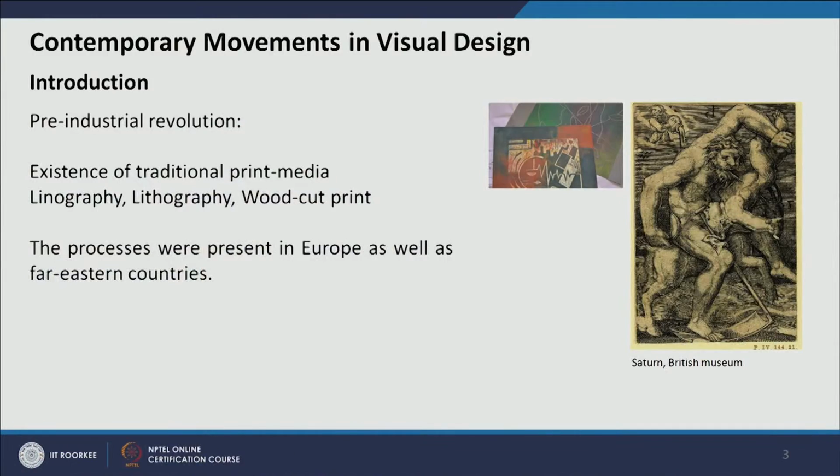This process was predominant not only in Europe, but also in Far Eastern Japanese and Chinese art. So you can see Japanese and Chinese woodcut prints, which existed long before the Industrial Revolution. And as we were discussing in the typography lecture module, Gutenberg in Germany invented the press.